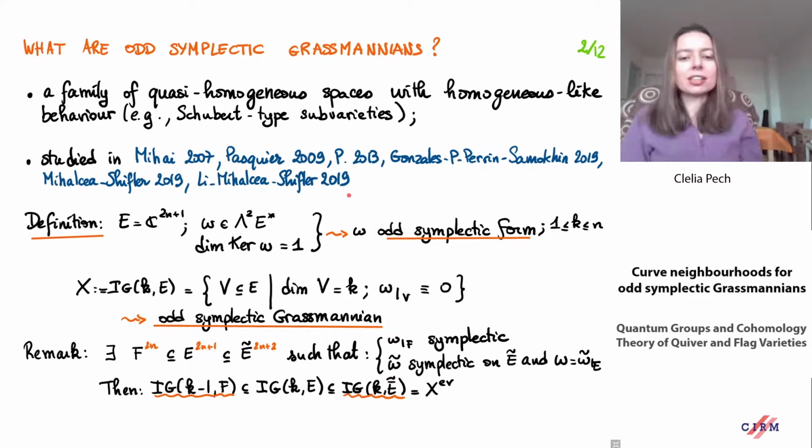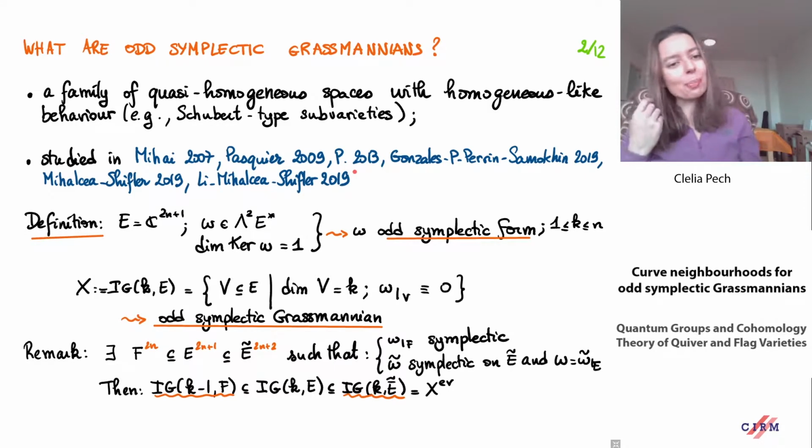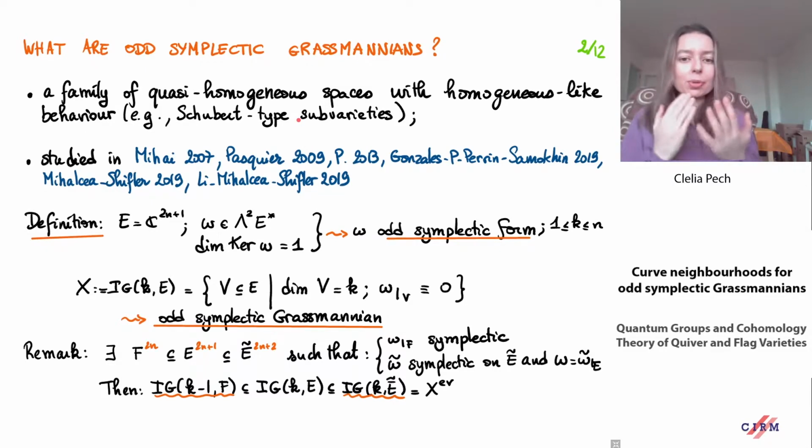I would take an even dimensional vector space, and a symplectic form on that vector space, and then fix some integer k, and look at all the k-dimensional vector subspaces of my even dimensional vector space which are isotropic for the symplectic form. This is a homogeneous space in type C. It's quite well understood.